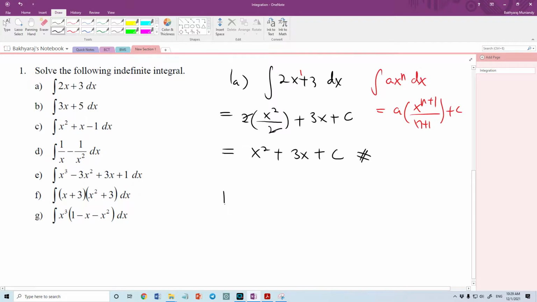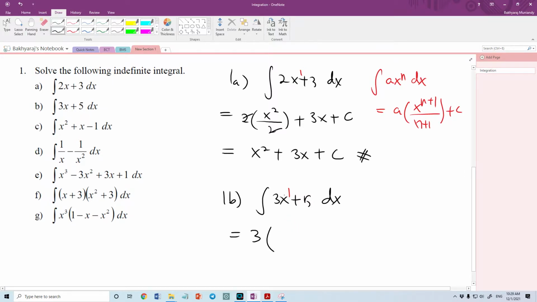Okay, continue with 1b. For 1b, I'll integrate 3x plus 5 dx. So I'll get 3 bracket. Again the power is 1, so 1 plus 1 is 2. So x square over 2.